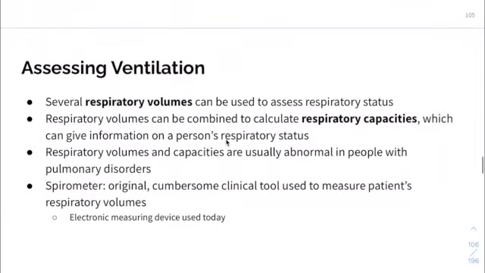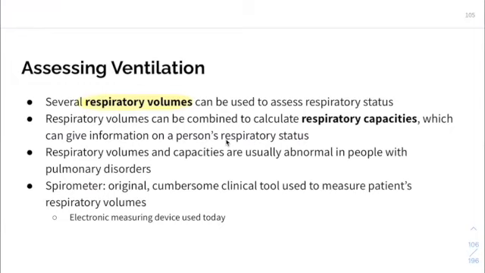So there's a lot of different ways to assess how well somebody is breathing. There's a lot of different types of machines that can see how much air somebody breathes in versus how much air somebody breathes out. And we can use these respiratory volumes to determine the status of somebody's respiratory system.